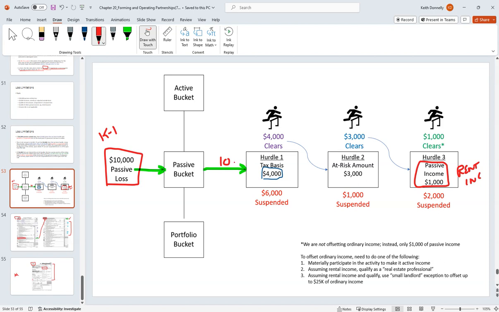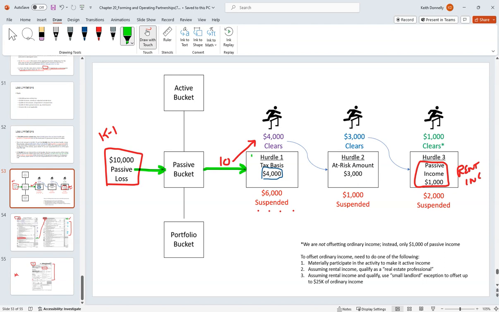So of the 10 grand, 4 is going to clear and 6 is suspended. This is until later on, next year, whenever we get additional basis to utilize it, or alternatively, whenever we sell the partnership interest. But let's just keep following through on the framework here, okay?